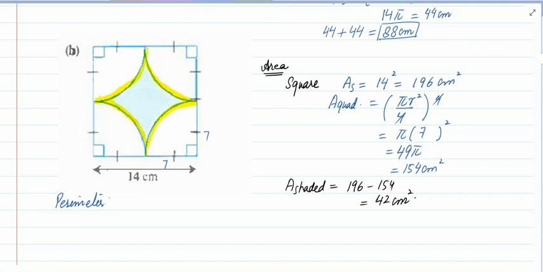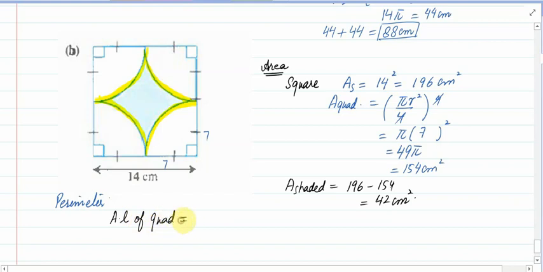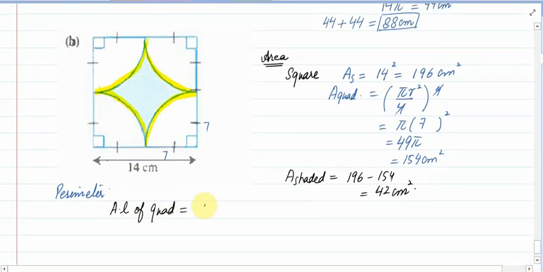And what are these lengths? Basically these are the arc lengths of a quadrant, right? This is a quadrant. Now the arc length of a quadrant, I have told you regarding its formula. It's pi r divided by 2. And how many arc lengths we have? We have 4 arc lengths, so we need to multiply it by 4.